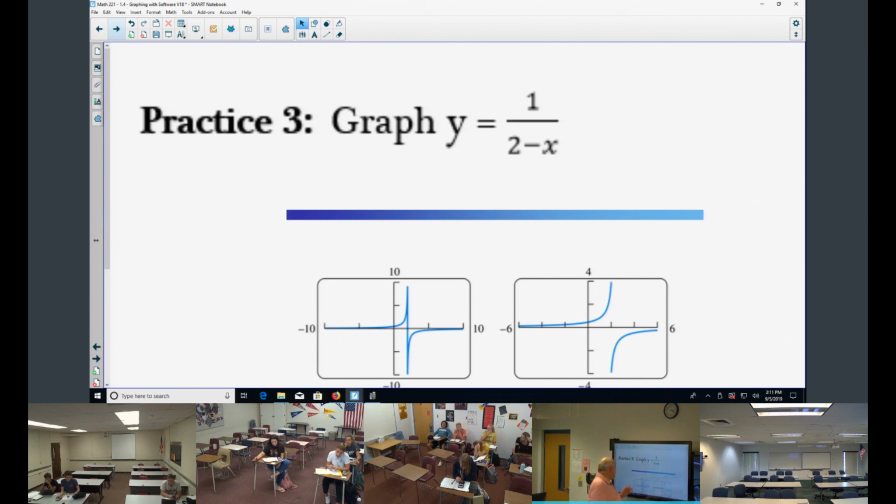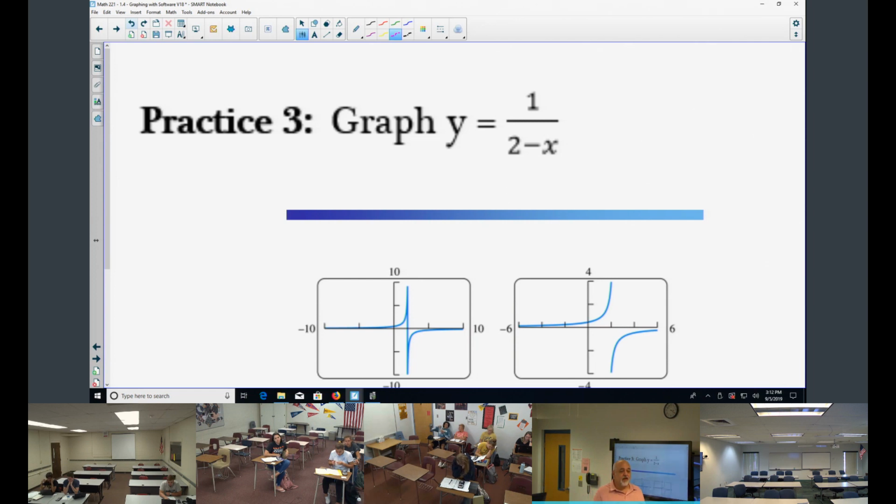If you want to draw in the vertical asymptote, that's fine, but you would do it with a dotted line. You don't make a solid line for your vertical asymptote because it's not part of the graph. If you put in that vertical line as part of the graph, it would be incorrect. So Aiden, you need to know that your calculator is going to sometimes throw in that vertical asymptote, and not to include it.